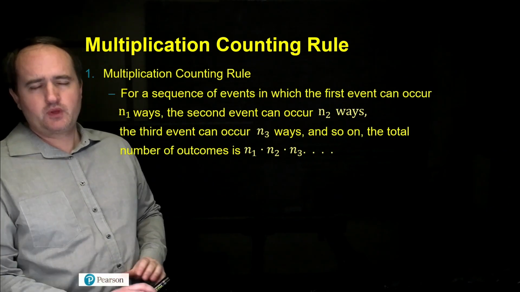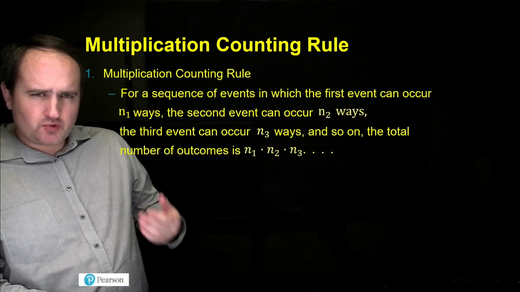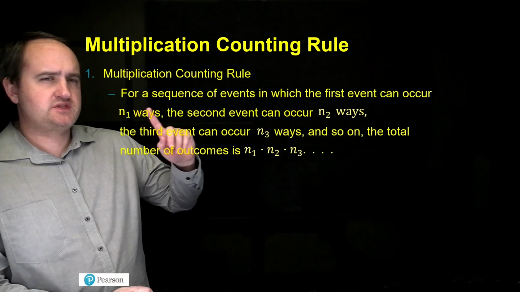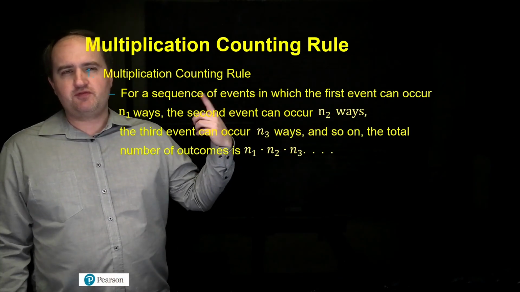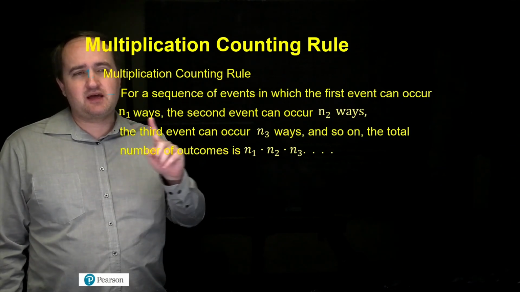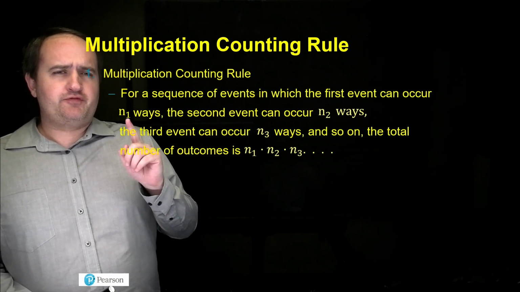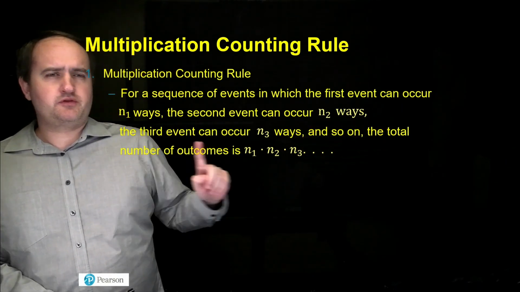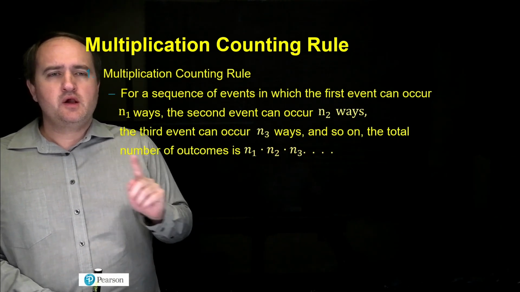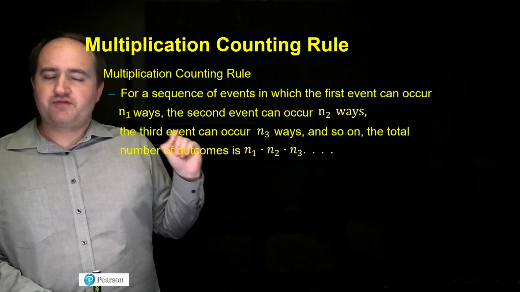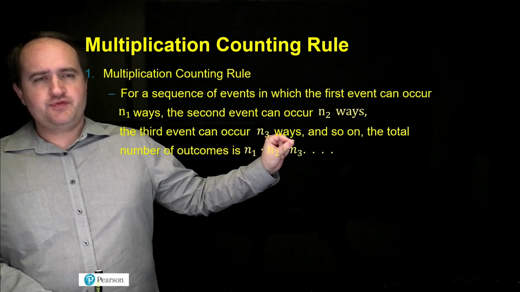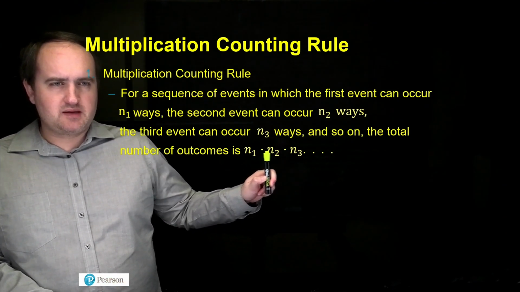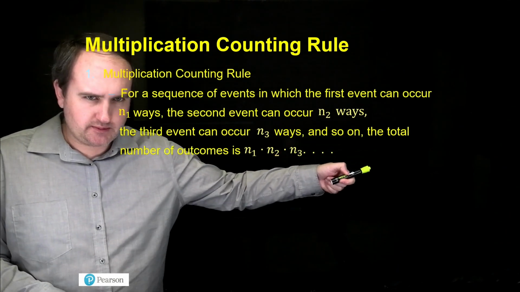It's basically the same as the multiplication rule from section 4.2: if you have a sequence of events, here assumed to be independent events, though the book doesn't say that, and the first event can occur n1 ways, the second event can occur n2 ways, the third event can occur n3 ways, and so on, the total number of outcomes is found by multiplying the number of ways each event can occur. So it's n1 times n2 times n3, etc.